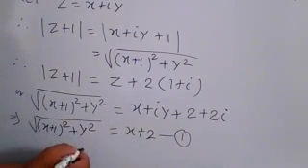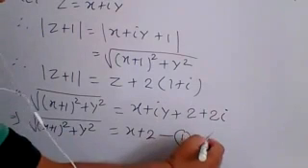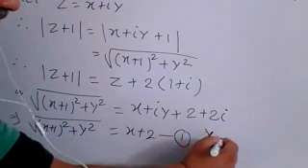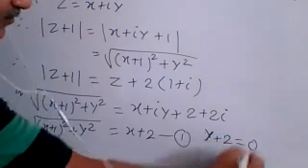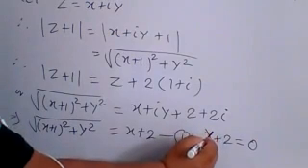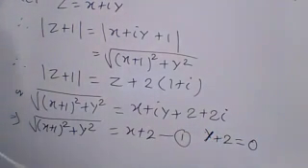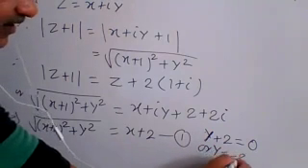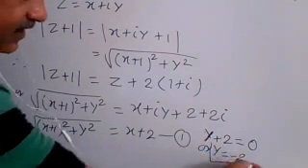So you can say y plus 2 is equal to 0. Understand? So if y plus 2 is 0, you have y is equal to minus 2.